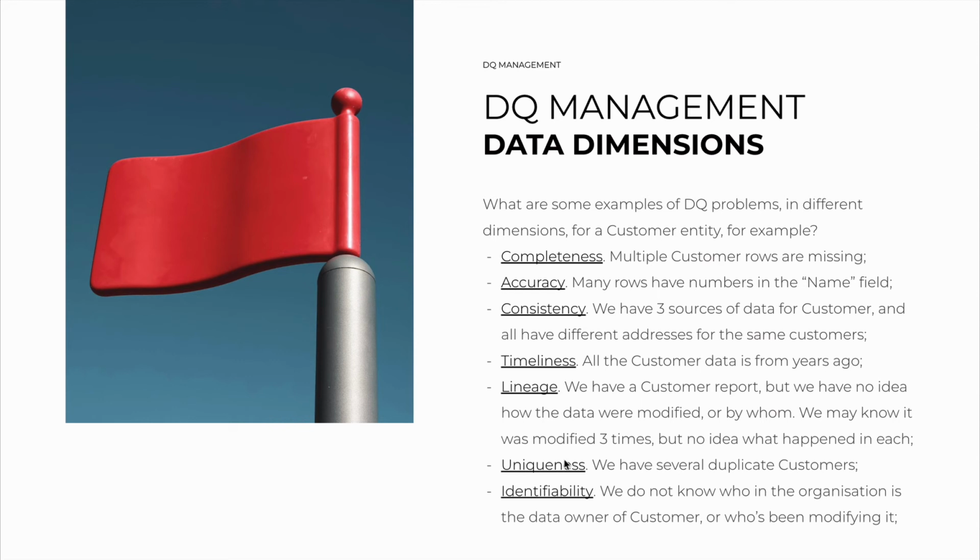Then, uniqueness. Very simple. We have multiple duplicate customers in the same database. And finally, an example of identifiability. We do not know who in the organization is the data owner of the customer entity or who has been modifying it. We have no idea who we should report to when there is a data quality issue with this entity or who has the responsibility of actually fixing it.